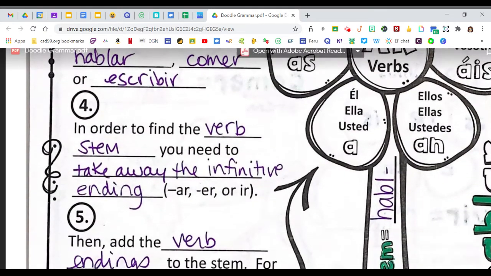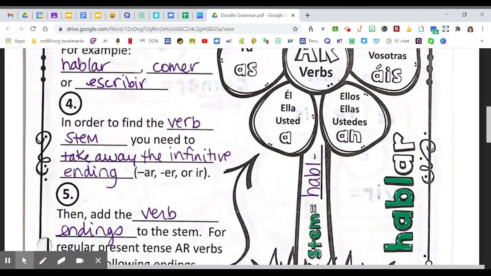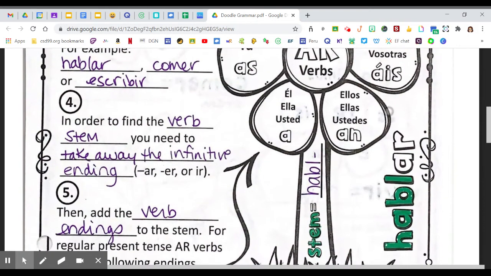Scroll down to number four. In order to find the verb stem, you need to take away the infinitive ending. Infinitive endings are AR, ER, IR. Okay? So you can use the flower image as an example.